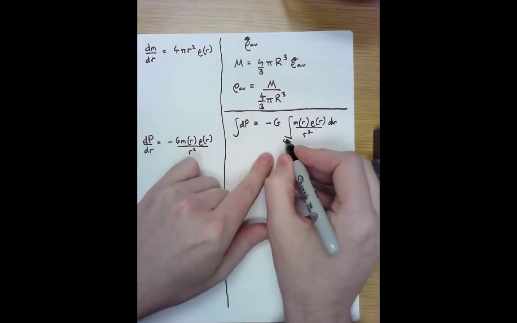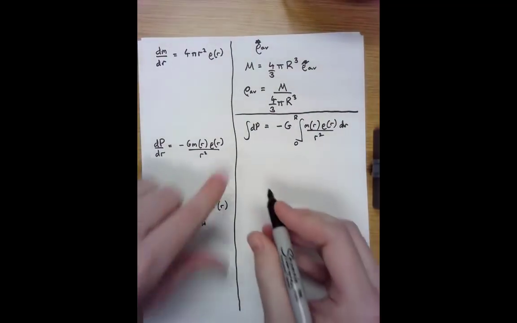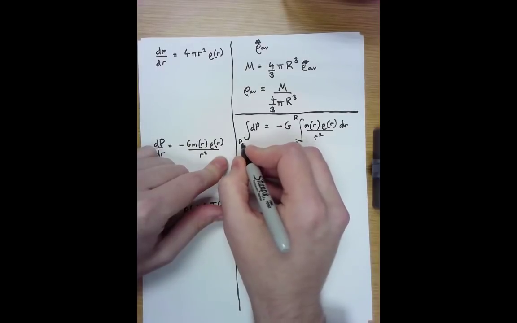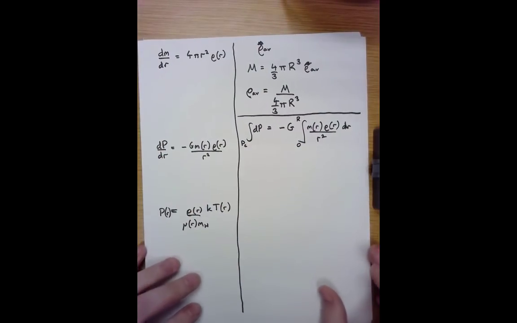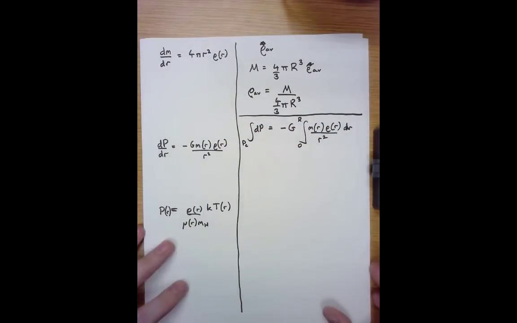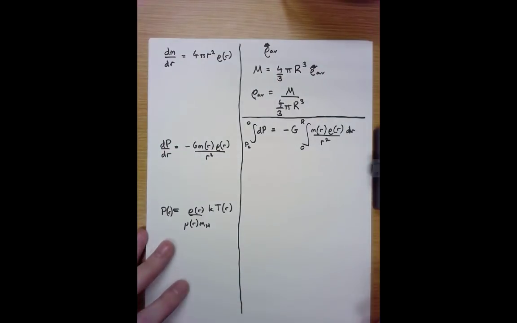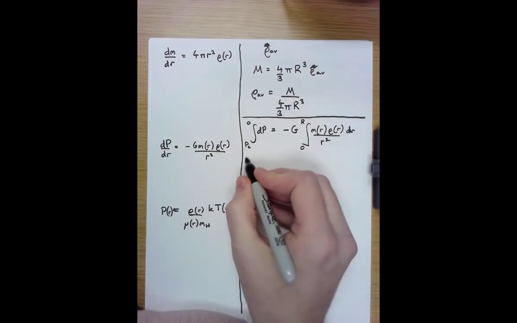Well, we're going from the center of the star, r equals 0, to the surface, little r equals big R. At the center of the star, the pressure is going to be some value, let's call it PC for central pressure. And at the surface of the star, the definition of the surface of the star is when the pressure drops to 0.